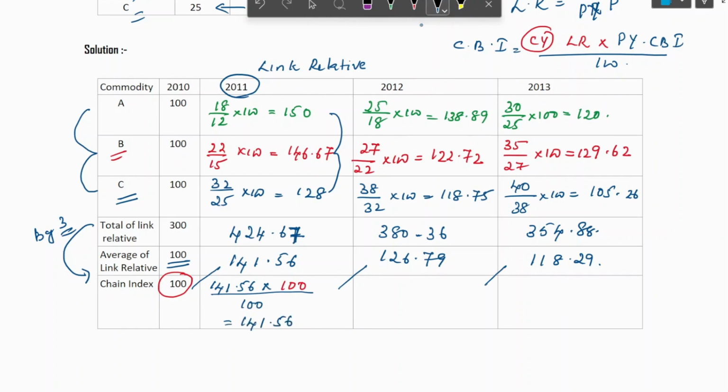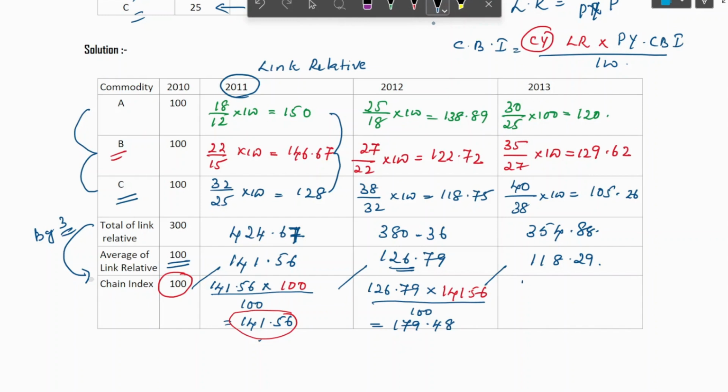Therefore the answer is 141.56. Now this 141.56 will come to this side, correct? Therefore here first the current one, 126.79, multiplied with the previous year chain base index 141.56, whole divided by 100. Multiply the numerator and calculate, that is 179.48.